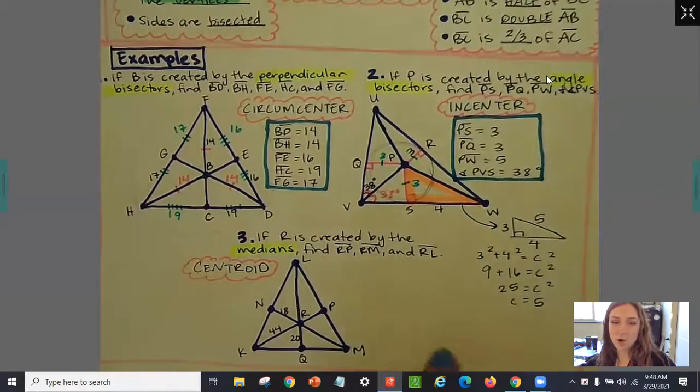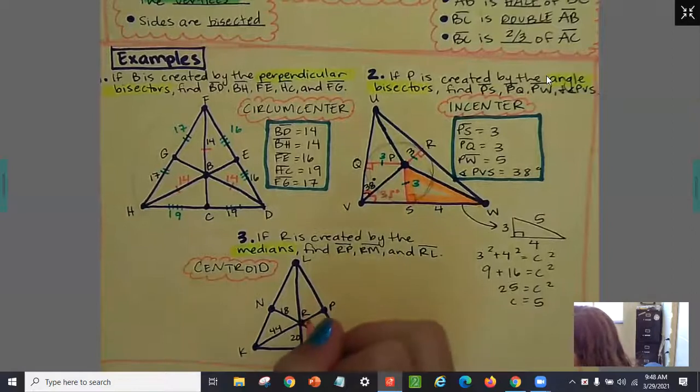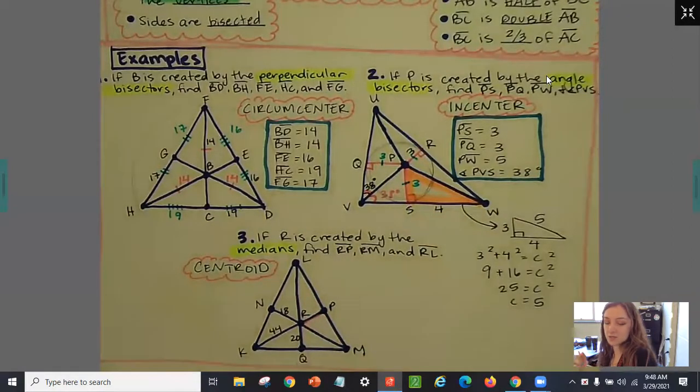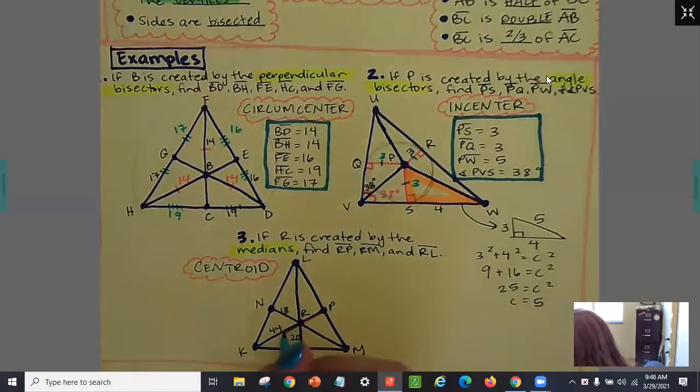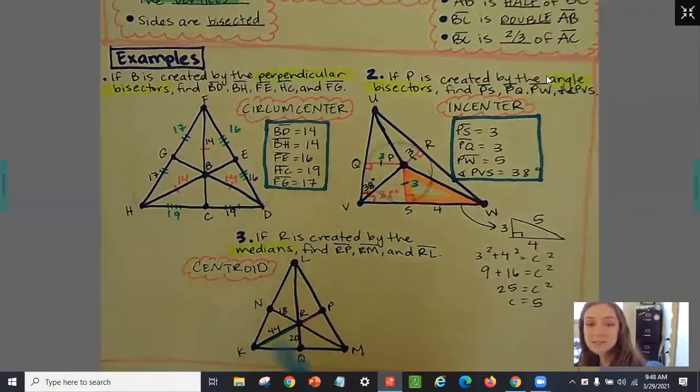We're trying to find RP. Okay, so RP is this right here. And I just want to look at what it's connected to. So I see that it's connected to this guy right here, the KR. Okay, and since this is 44, you can see that this is larger. So we're looking at the double.